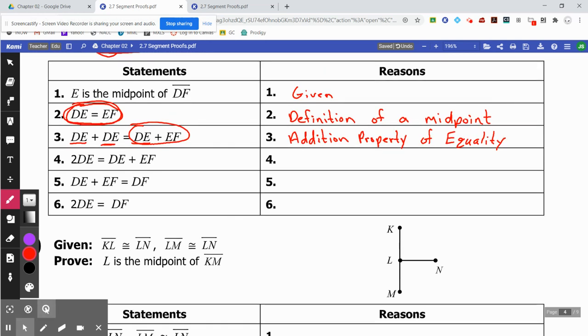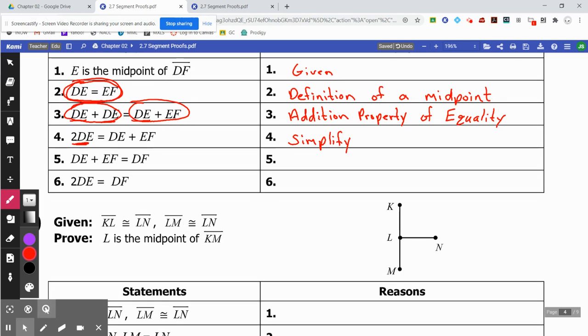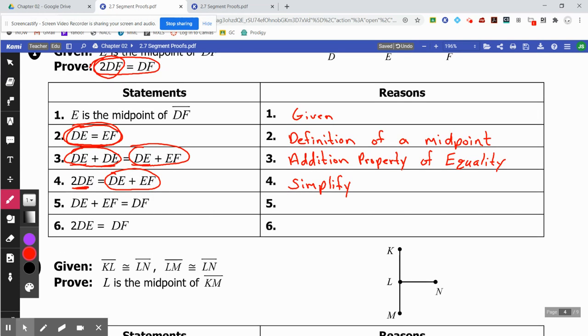Okay, in this next step, all we've done here is the DE plus DE we've turned into two DEs, and that's just simplification. We just simplified there. Okay, but now let's examine this right side. DE plus EF. Now we're trying to prove that two DEs, which is what we have on the left side, is equal to the whole thing, DF.